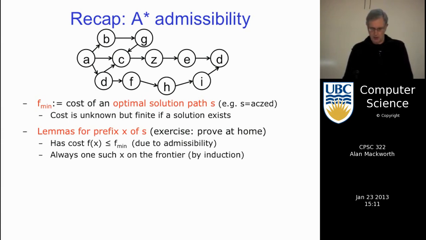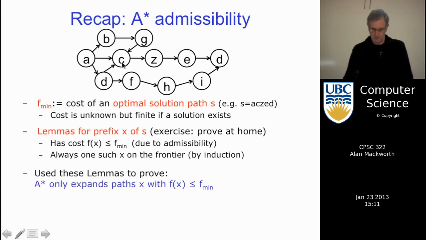And if you haven't yet reached the goal, whose f is f min, in other words, the f values you're looking at are less than f min, that will still be there. And when you expand it, there'll be another one there. So every time you have a subpath with this property on the optimal path, there'll still be one on the optimal path when you expand it, as long as you haven't expanded the goal node whose f value is f min, right? That's the induction step.